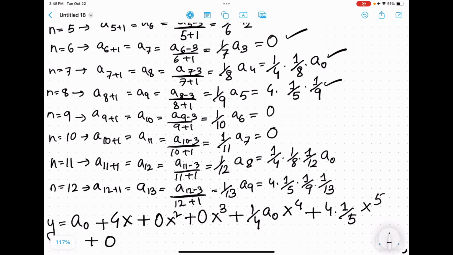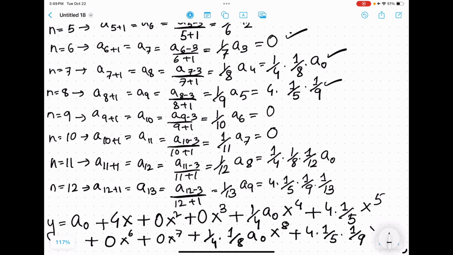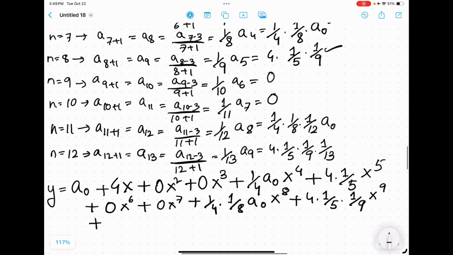and then I have my a sub 6, which was 0, x to the power 6, plus a sub 7, which is this one, so I have 0 x to the power 7. Then I have a sub 8, which is 1 by 4 times 1 by 8, a sub 0 x to the power 8. Plus then I have my a sub 9, which is 4 times 1 by 5 times 1 by 9, x to the power 9. Then I have again, a sub 10, which is a 0, x to the power 10.